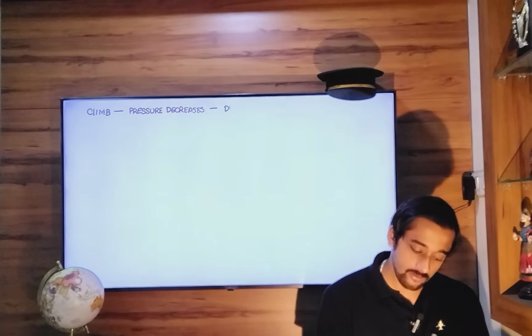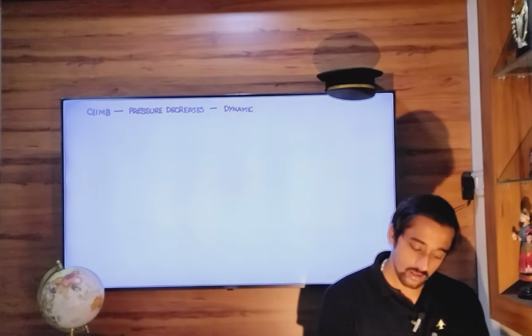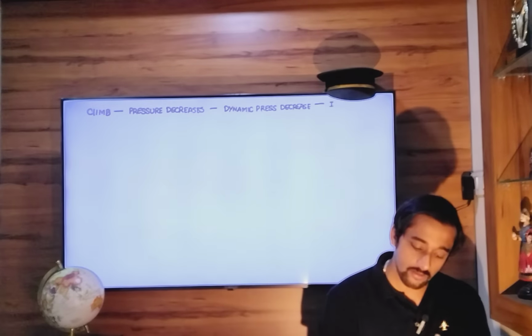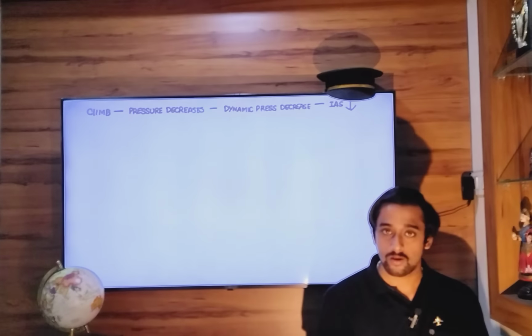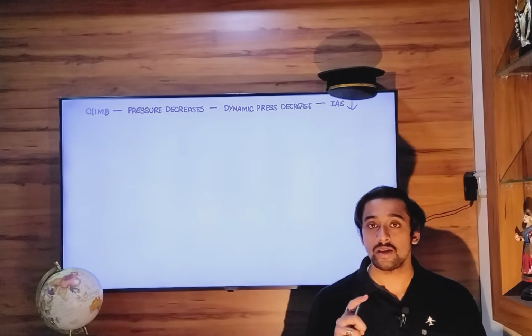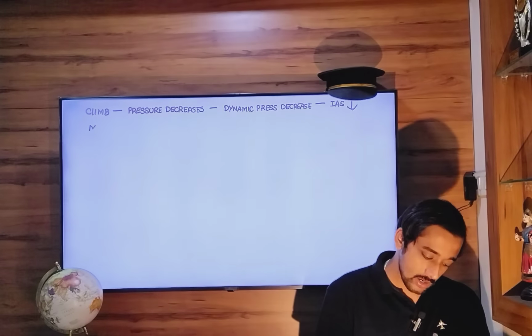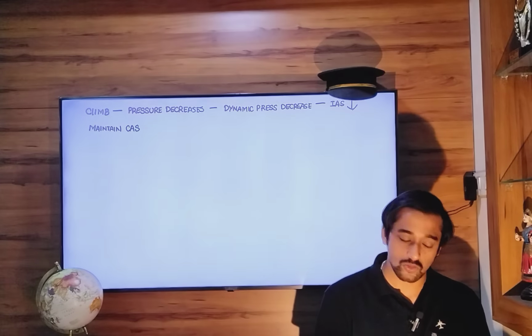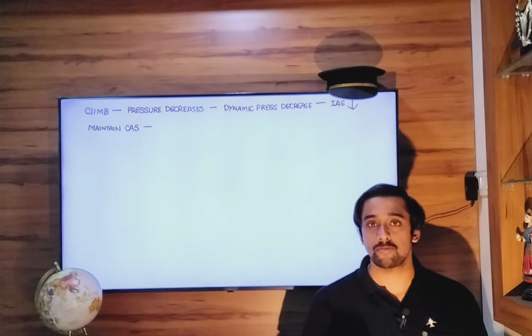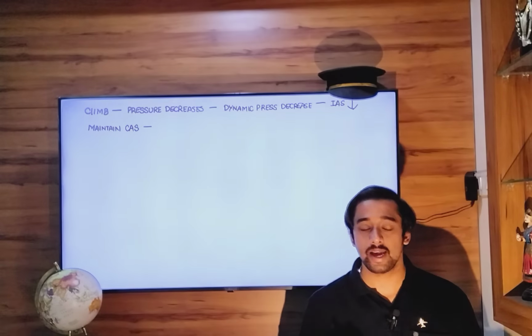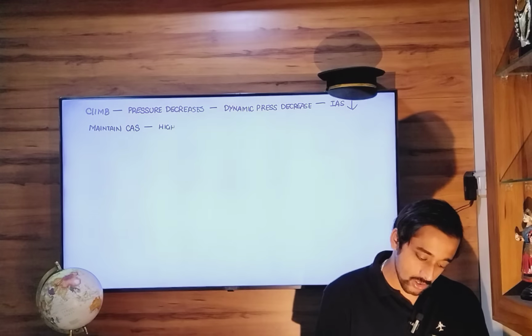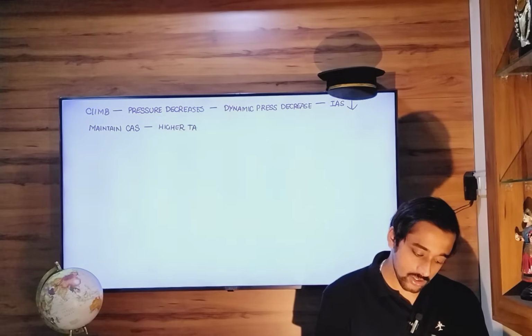So the dynamic pressure felt by the airspeed indicator will also decrease. As a result, indicated airspeed or calibrated airspeed will decrease. So in order to maintain your calibrated airspeed, you will have to increase the dynamic pressure. That means you will have to fly your aircraft at a higher true airspeed.